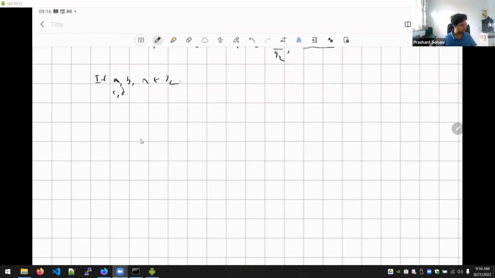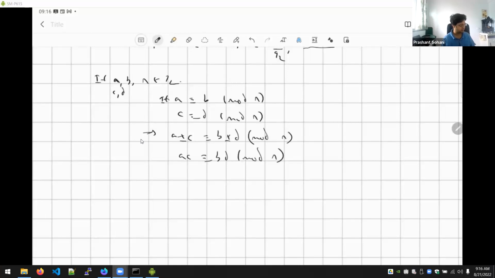So if you have some numbers A, B, C, D, then if A is congruent to B and C is congruent to D mod N, then we can add and subtract them or multiply them. And we are talking about division.